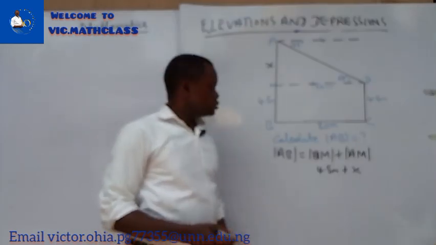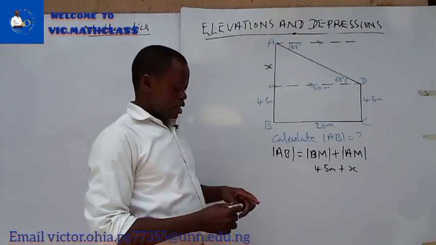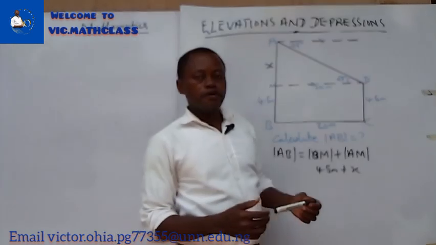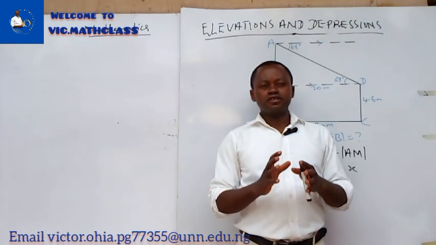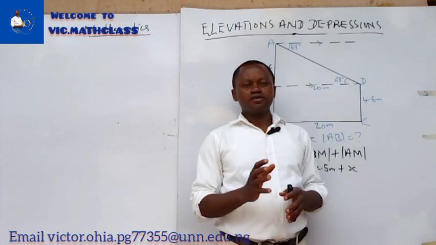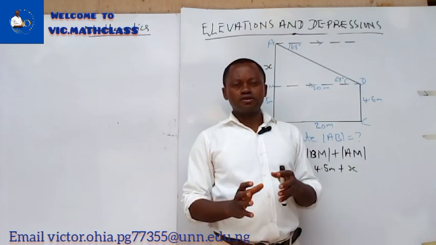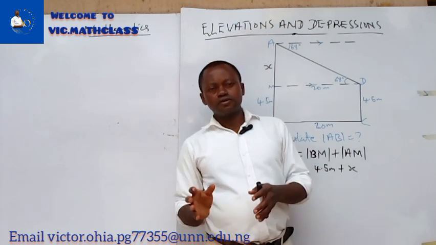What do we still need to use? As I emphasized in the previous class, the procedures we use in solving problems of triangles are the Pythagoras theorem, SOHCAHTOA, the sine rule, and the cosine rule.